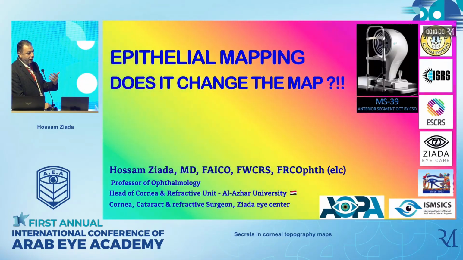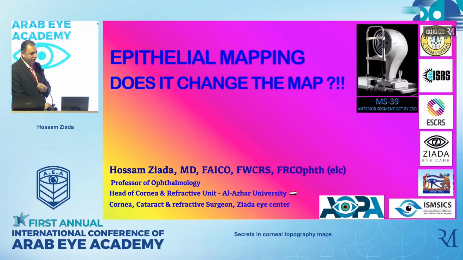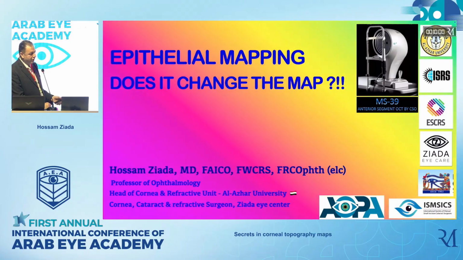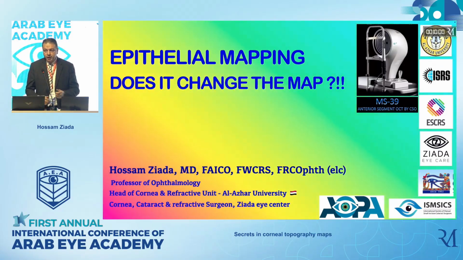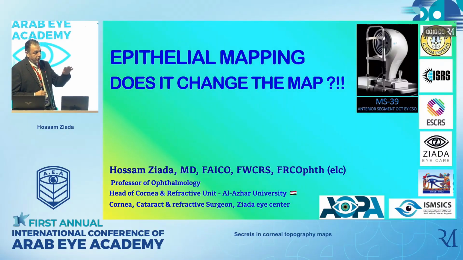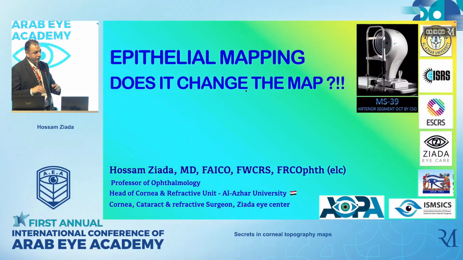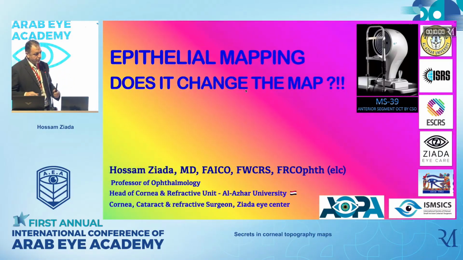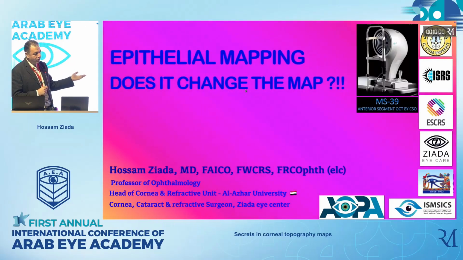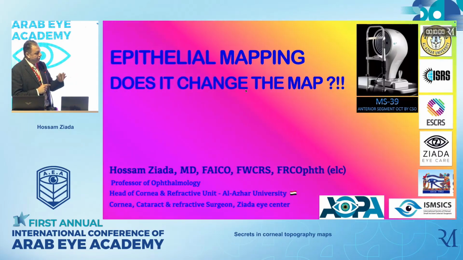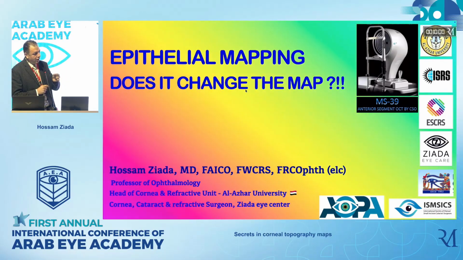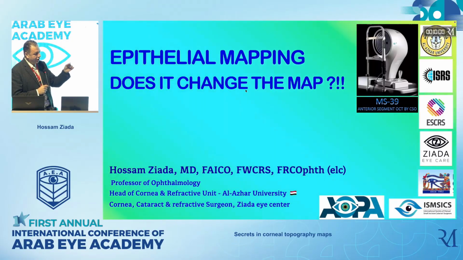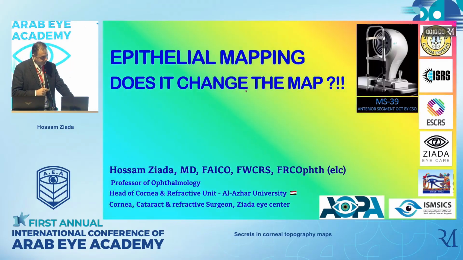In my opinion, it is still different having the epithelial mapping from the MS-39 than having the epithelial mapping by the other OCT devices, which is not confined to the anterior segment, because the epithelial mapping with other devices is divided into zones and circles, but the mapping with this device is very, very accurate, with very narrow points, so it detects the epithelial thickness at every single point on the surface of the cornea.